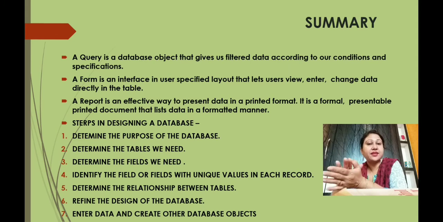Then we should determine the relationship between the tables. Then we have to refine the design of the database. We have to restudy the design and see if there are any flaws or defects, so that we can correct them beforehand in the initial stages, before we fill up the tables with data.